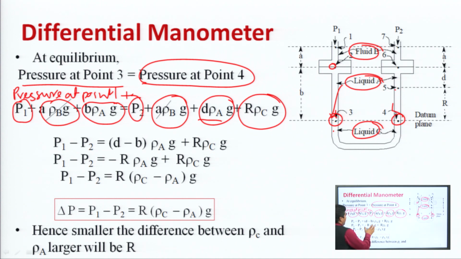Okay. Now, as you see, A rho B g and A rho B g cancel due to similar values.